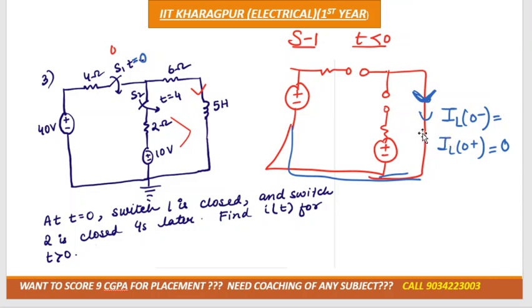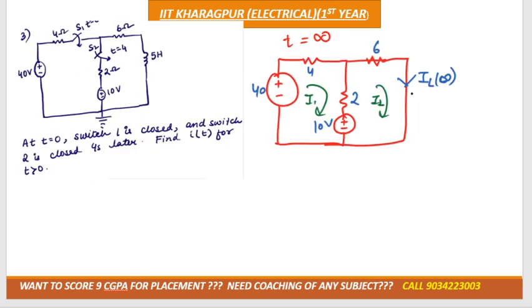Because no current is flowing across. Okay, so now in this case the equation would be a mesh equation. Tell me the mesh equation for the first mesh and the second mesh.